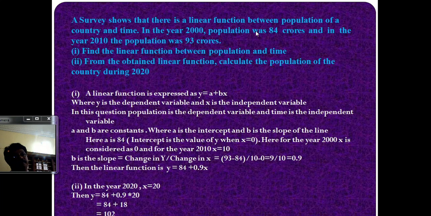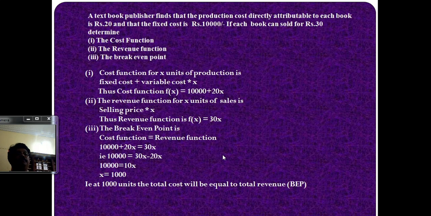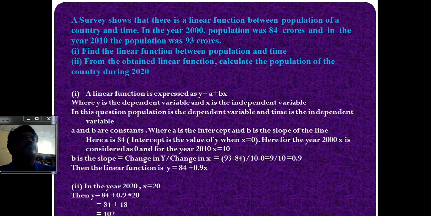So the difference 93 minus 84, divided by the change in x, which is 10 minus 0, since we are considering 2000 as 0 and 2010 as 10. So 93 minus 84 is equal to 9, 10 minus 0 is equal to 10, so that is equal to 0.9. So b is equal to 0.9.